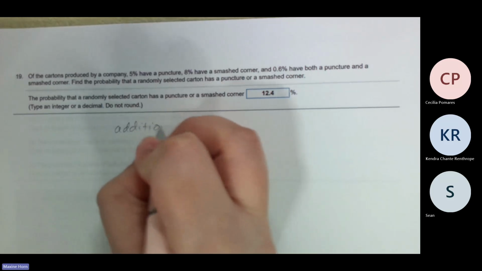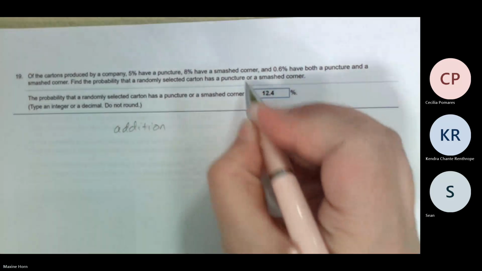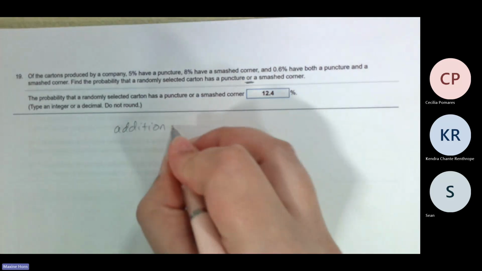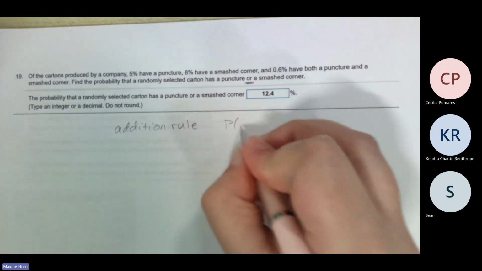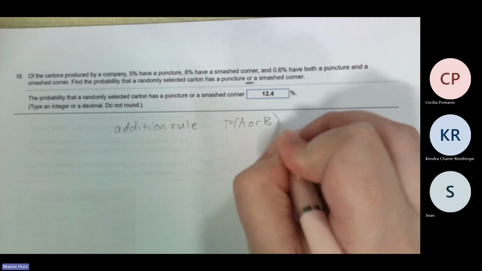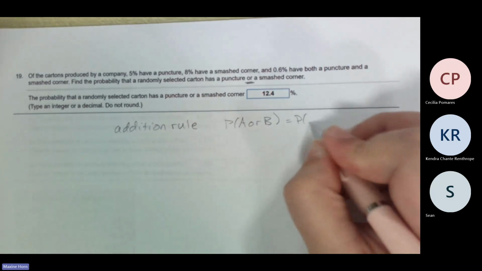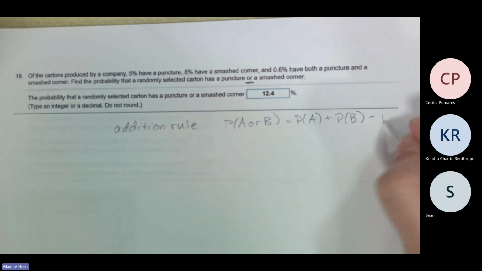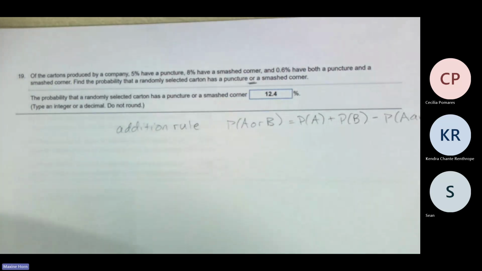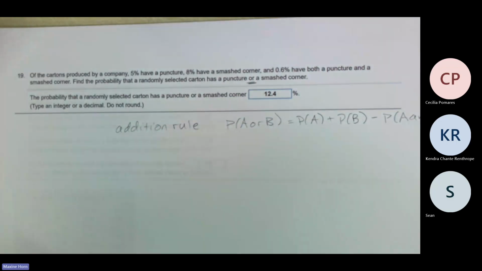Right, so this is the addition rule. Okay, so the addition rule says that the probability of A or B is the probability of A plus the probability of B, and then you have to subtract what you counted twice, the probability of A and B, where they overlap, right? So that's what we're going to do.